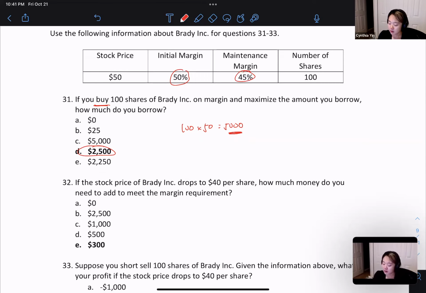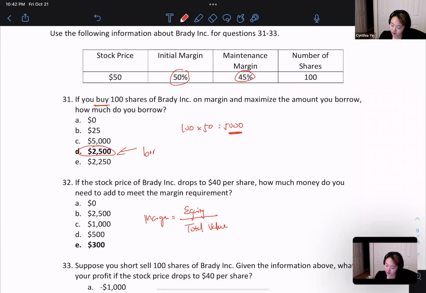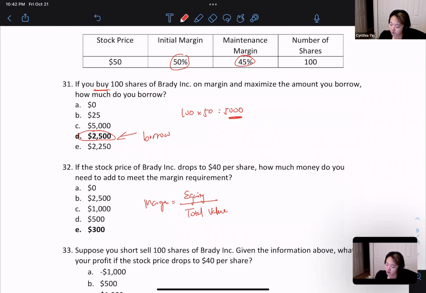Remember, in the buying on margin case, the margin equals equity divided by total value, right? And remember, you borrow this amount. So maintenance margin is 45% here.